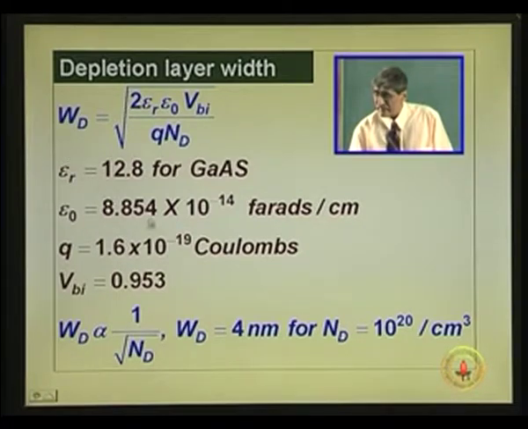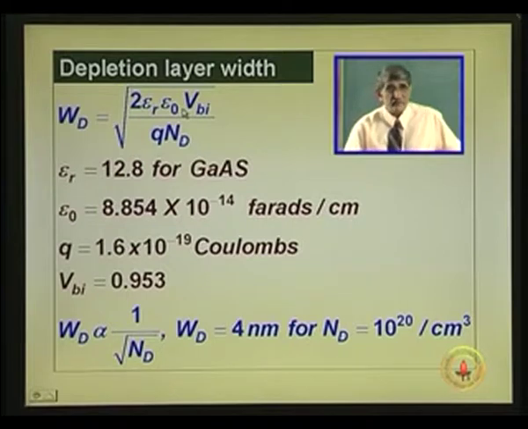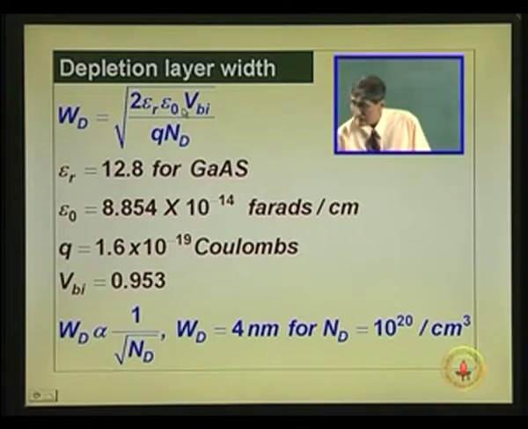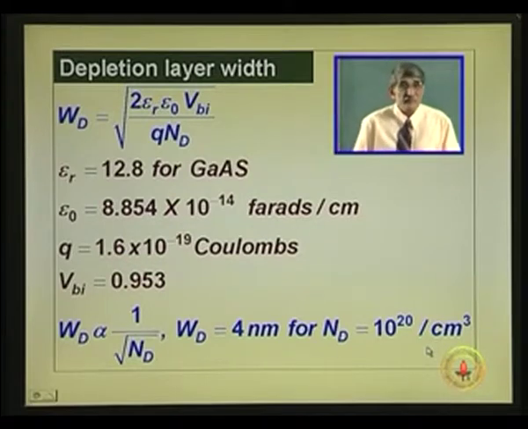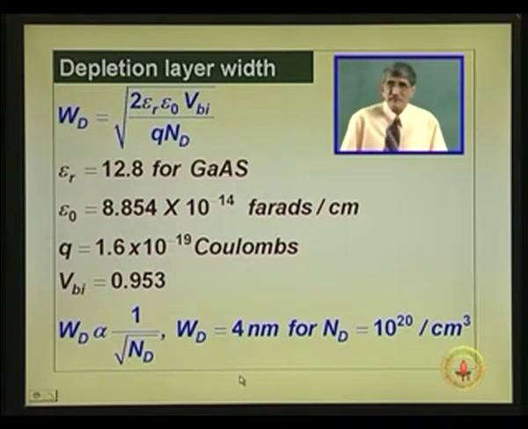Let us take the case where the gallium arsenide material, where epsilon r is 12.8, epsilon 0 is free space 8.854, 10 to the power minus 14 farads per centimeter, Q is 1.6 into 10 to the power minus 19, substitute all those things here, and V b I, which we have estimated, seen, because it is equal to E g minus phi naught 0.953, I plug in all these things, and if I put N d equal to 10 to the power 20, very heavily doped, then W d turns out to be 4 nanometers, very narrow.